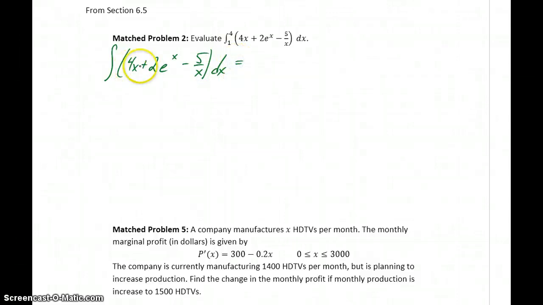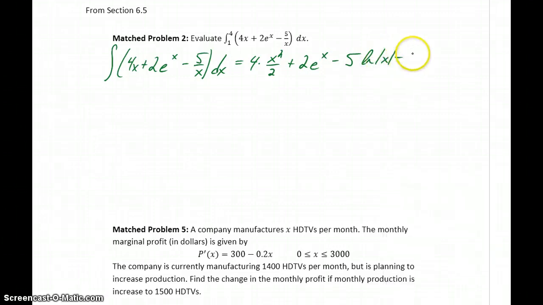So the indefinite integral will be 4 times x squared over 2 plus 2e to the x minus 5 times the natural log of the absolute value of x plus some constant c. Now that we have our indefinite integral, what we want to do is evaluate that at the upper bound, lower bound, and then subtract the difference.